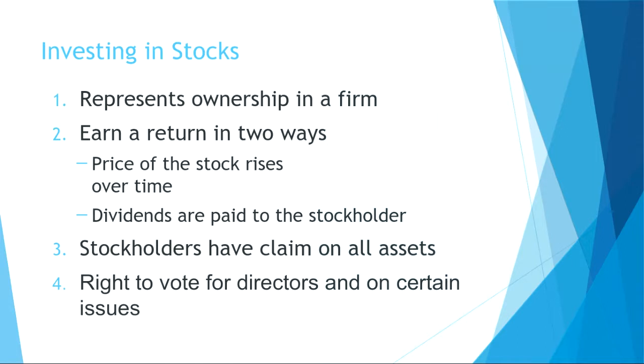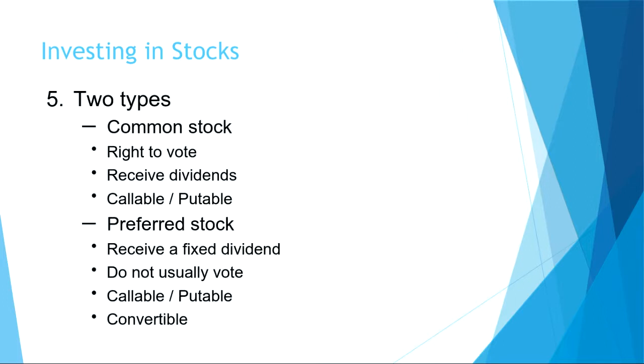Anyway, let's move on to the next slide. Basically, we have two types of stock, which are the common stock and the preferred stock. Common stock is an ordinary stock.